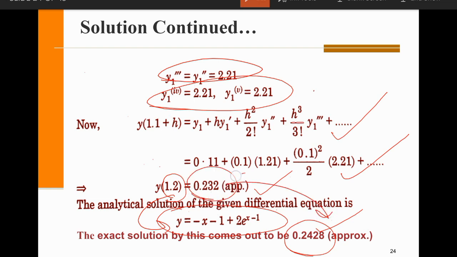So you can find the error also by taking the difference between them, right? So this shows that if you use the Taylor series method, you can get accurate values. Not exactly accurate, but okay, 0.232 is near to 0.2428, and when we solve physical systems, approximate values are good enough.